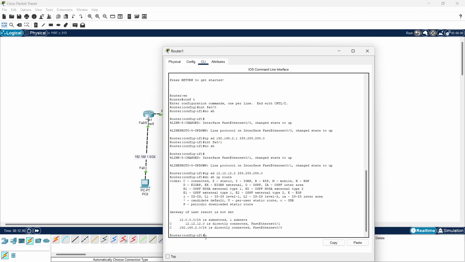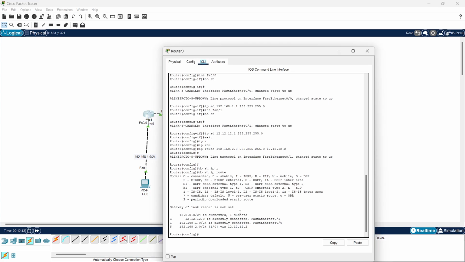Okay, so as we can see in router 0, the first router doesn't know about the network 192.168.2.0/24 at the second router or router 1.